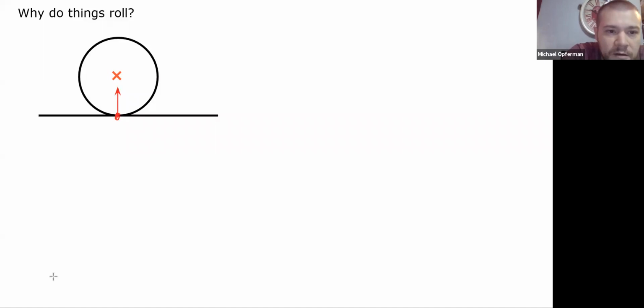So there's your Fn. Fn is always perpendicular to the surface, remember? But notice Fn points, although it's not acting on the axis of rotation, it points directly to the axis of rotation, which means it has no tangential component. So the normal force can't be exerting any torque either. So it's not the normal force that's exerting torque.